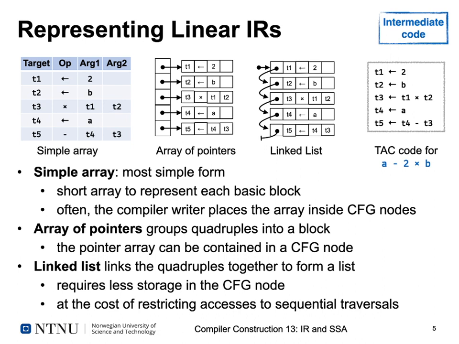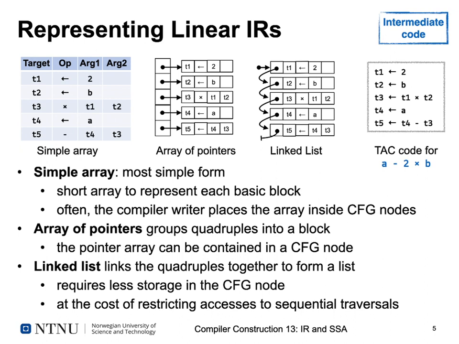Now, storing it in a simple array is the most simple form. We can use a short array just to represent each basic block of our code separately, and very often the compiler writer can choose to place this array directly into nodes of our control flow graph. Now we can use some more sophisticated approach.